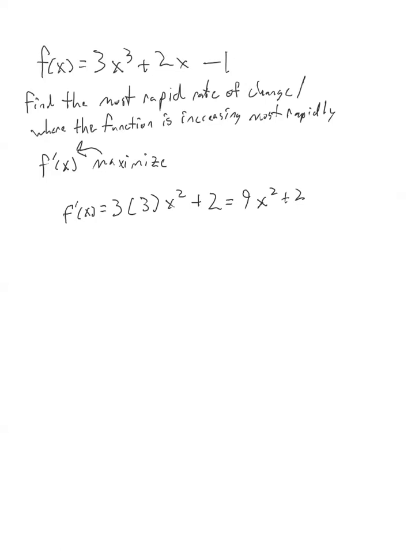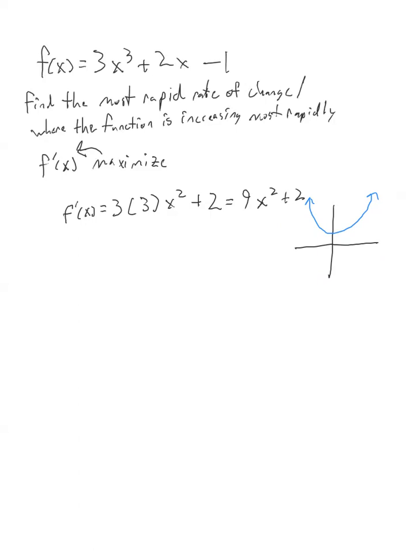Now, I'm going to spoil this and say this is not a good example because this derivative, if we graph it, looks something like this. And if I said find the maximum value of this, you're going to say there is no maximum value, which is correct.